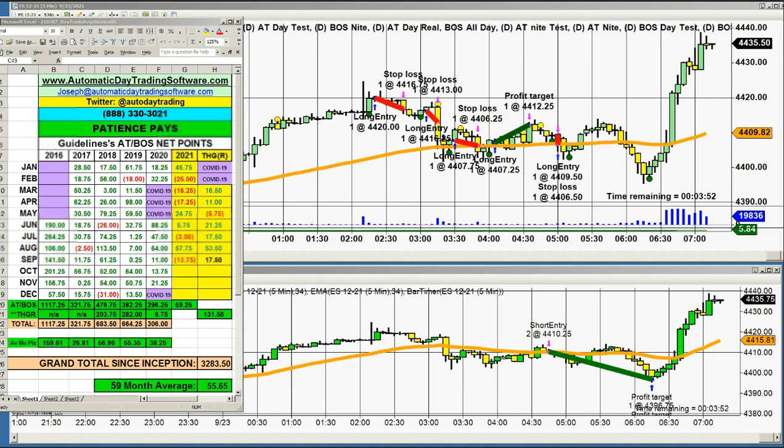So if you do the math, 13.5 divided by 3 is 4.5. So we would have to lose 4.5 trades to wipe out 1 win. If you see what I mean, our money management is awesome.